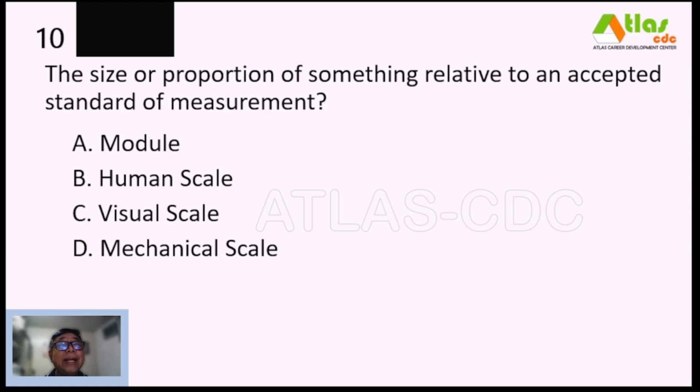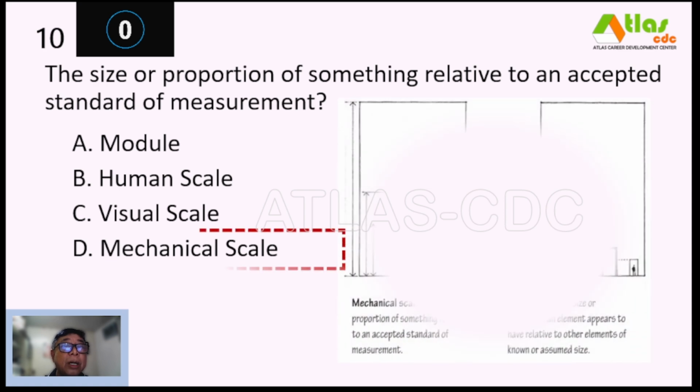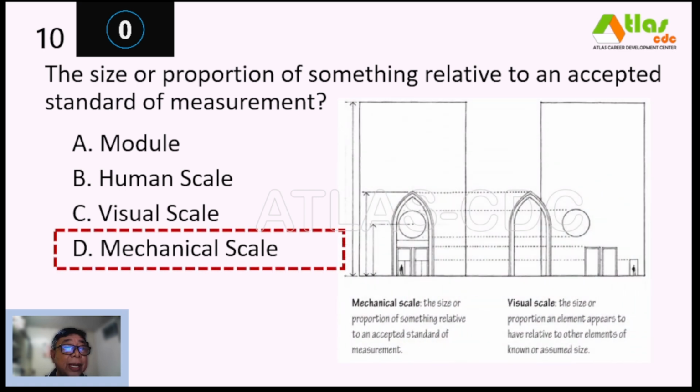Number 10. The size or proportion of something relative to an accepted standard of measurement. A. Module, B. Human scale, C. Visual scale, and D. Mechanical scale. And our correct answer is letter D, mechanical scale.